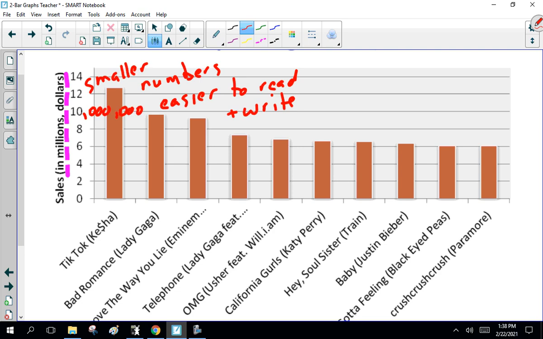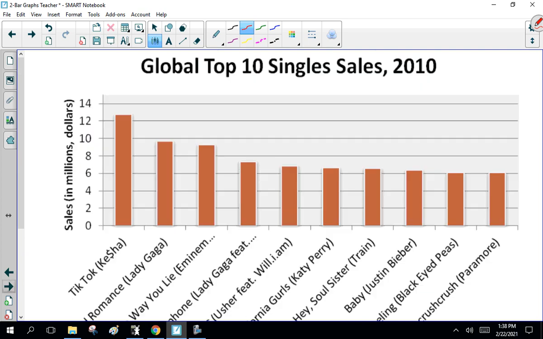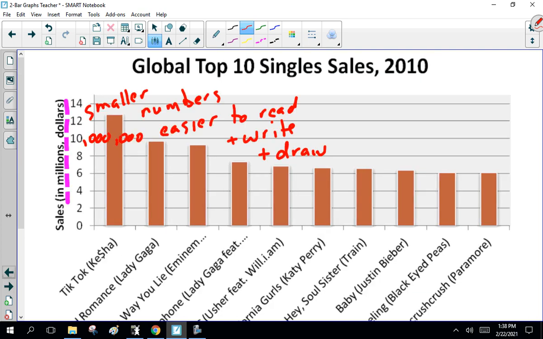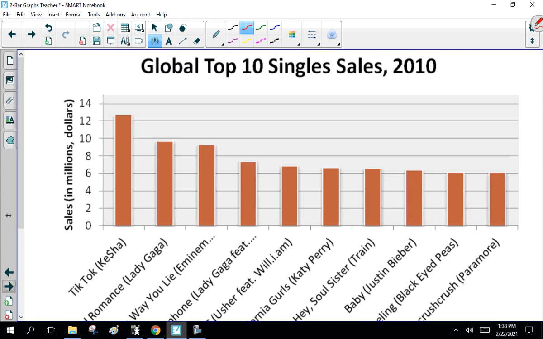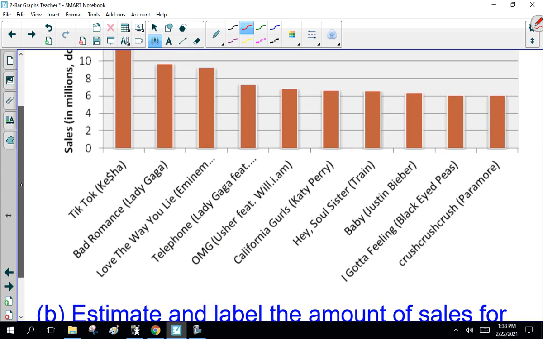It's much easier. Oh, and draw, of course. I'm giving you a moment to copy there. My apologies, guys. Copy's kicking in. And so, moving on.